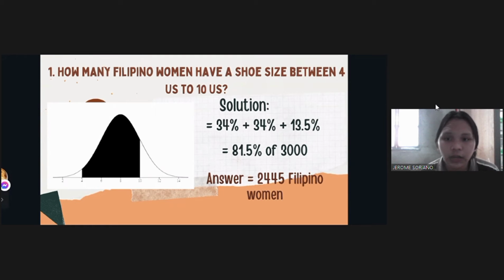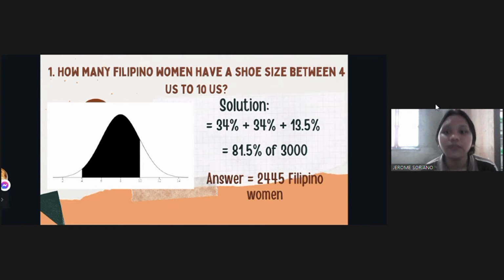So here we have 10 US size to 8 US size, 34%. 8 US size to 6 US size, equivalent to 34%. 6 to 4 US size is equivalent to 13.5%.